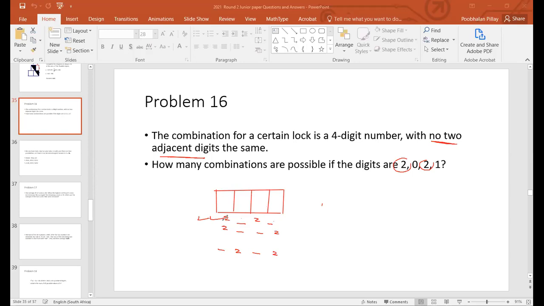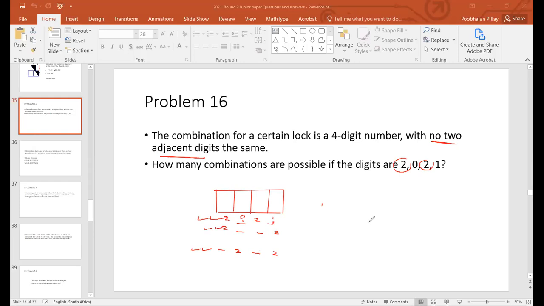So there are 2 possibilities in this situation. Right? You can have 2 0 1 2, 2 0 2 1, or 2 1 2 0. So there are 2 of them, and likewise there are 2 of them here, and likewise there are 2 of them here, because you can make any one of them 0, but you have to make the other one 1.